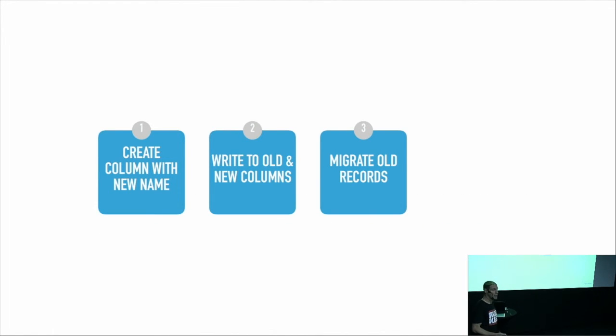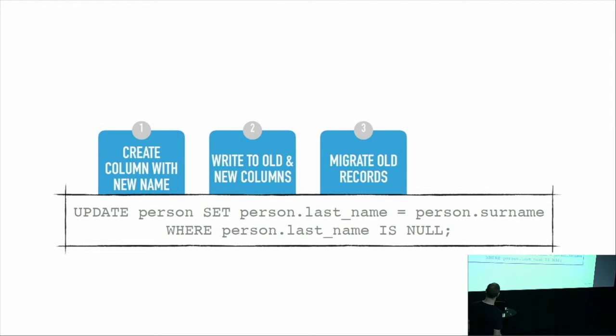And then we start migrating old records, because if you only do this at runtime, you are not going to touch all your records, of course, especially older records. So you want to migrate the records that you're not touching. In this simple example, we update the person table and set last name to surname wherever last name wasn't set yet, wherever it's still null.